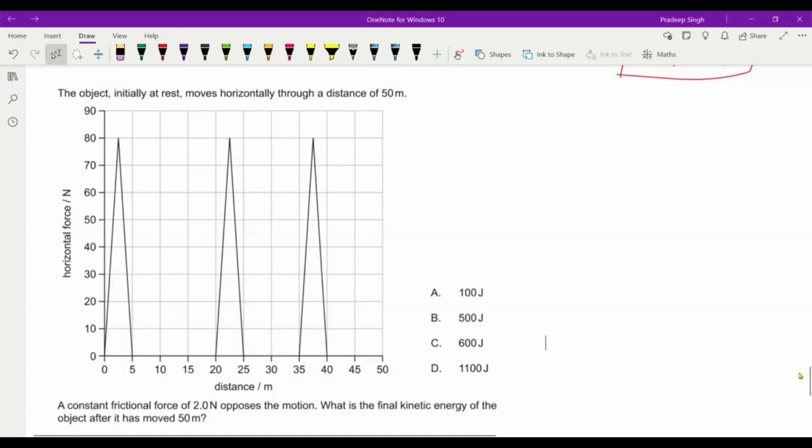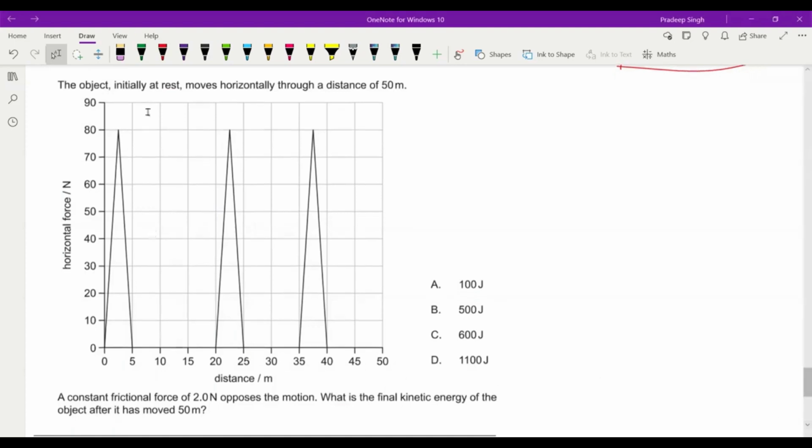Explain. So I just did, oh wait, 1 second. I forgot to consider friction. Okay.